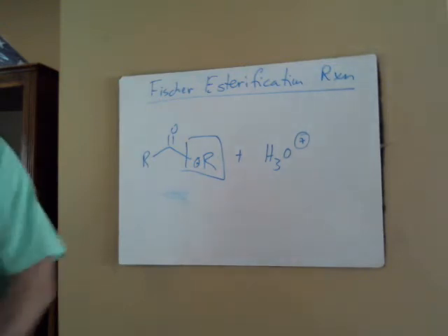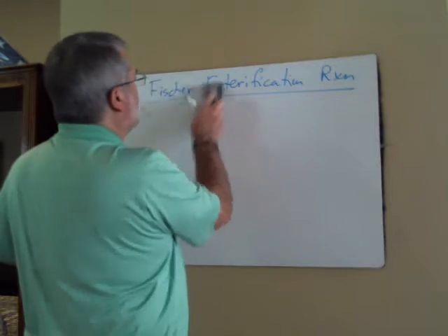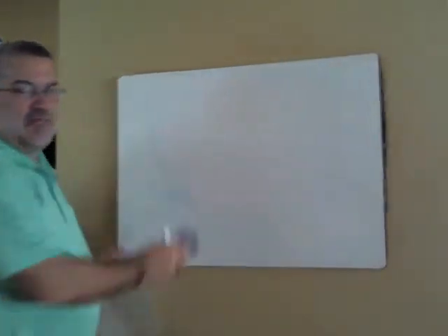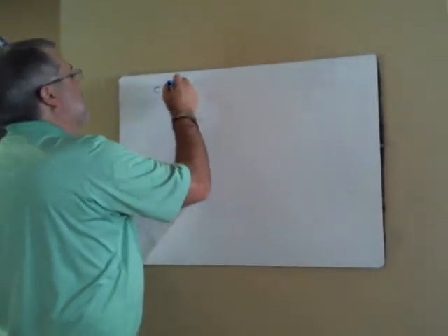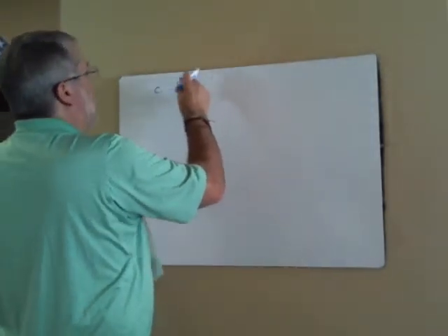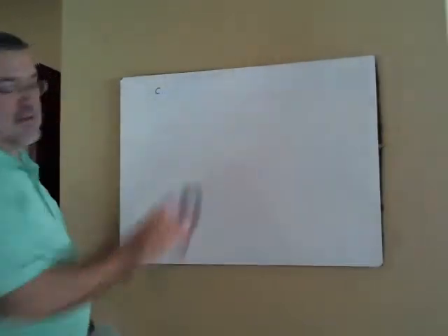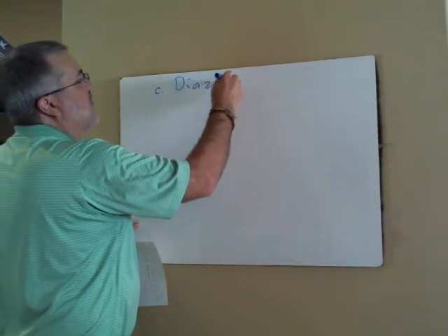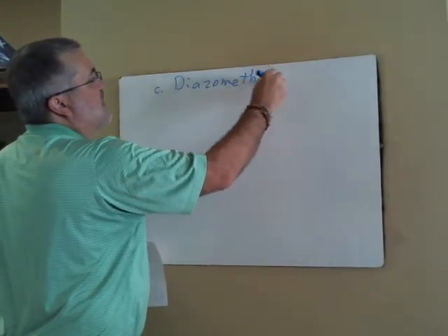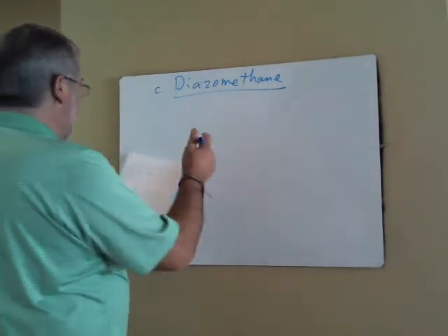Okay. There's another way of making an ester, but it's limited to only making methyl esters, and it's using diazomethane, a reagent that is then reacted with the carboxylic acid.